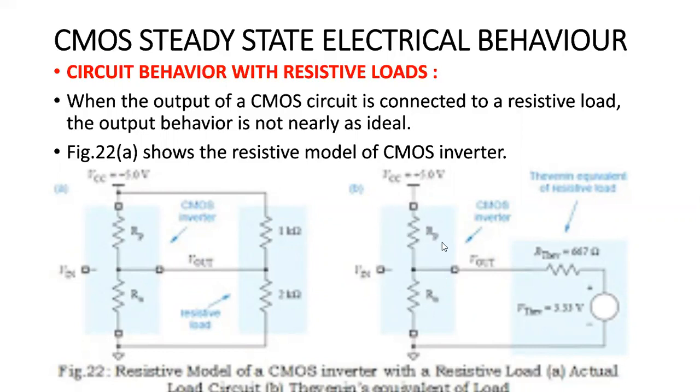If the PMOS transistor is off, the NMOS transistor will be on. In this case, the NMOS transistor offers low resistance and the PMOS transistor offers high resistance. The NMOS low resistance is of the order of 100 ohms. Why am I taking 100 ohms here?